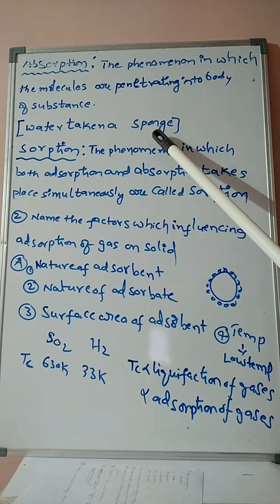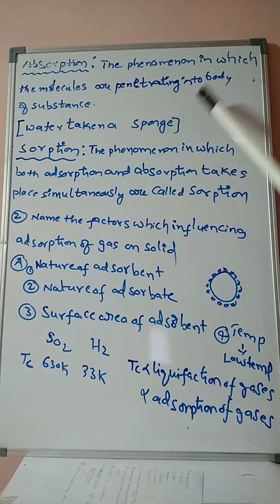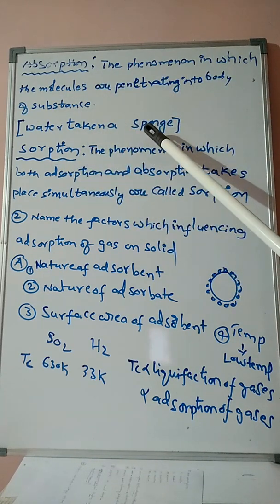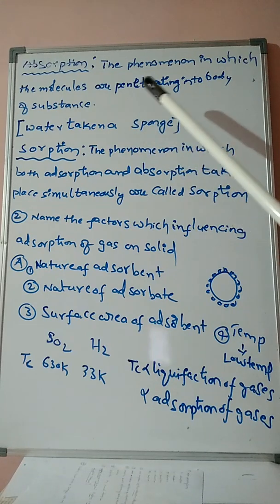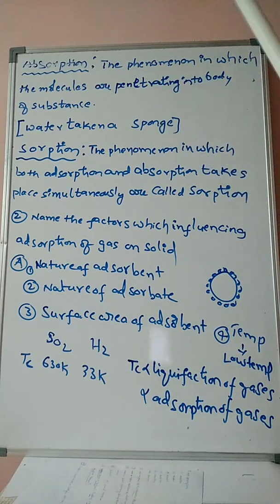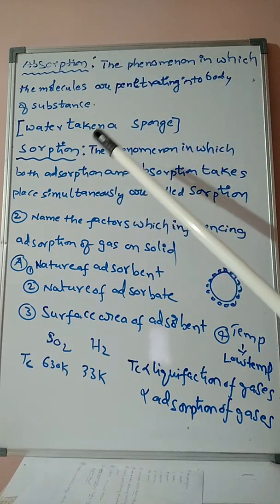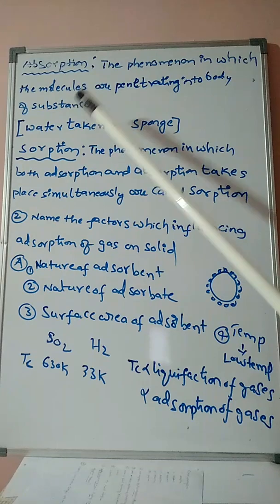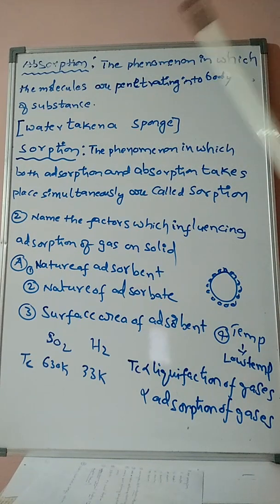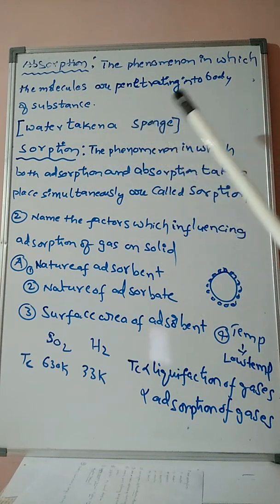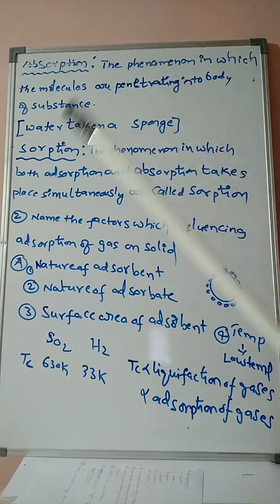When a sponge is dipped in water, the water penetrates into the sponge. That is known as absorption, not accumulation on the surface. Once again, the phenomenon in which molecules penetrate into the body of a substance is absorption, like water absorbed by a sponge.